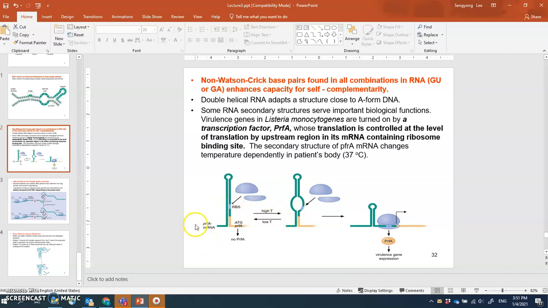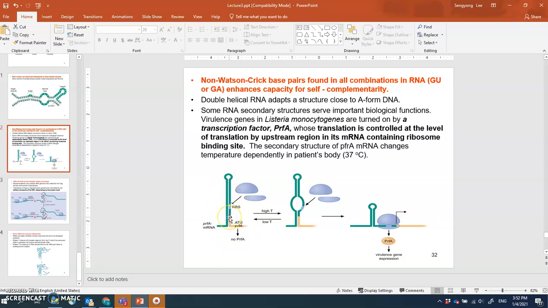But if this mRNA adapts this conformation because of the extra sequence, then a hairpin loop is formed, and this ribosome binding sequence is not available for ribosomes. Large subunit, small subunit cannot hold onto the sequence. So if that happens, then translation is not going to happen. No matter how many of this mRNA is available, it is not going to yield the protein products, so no translation happens.